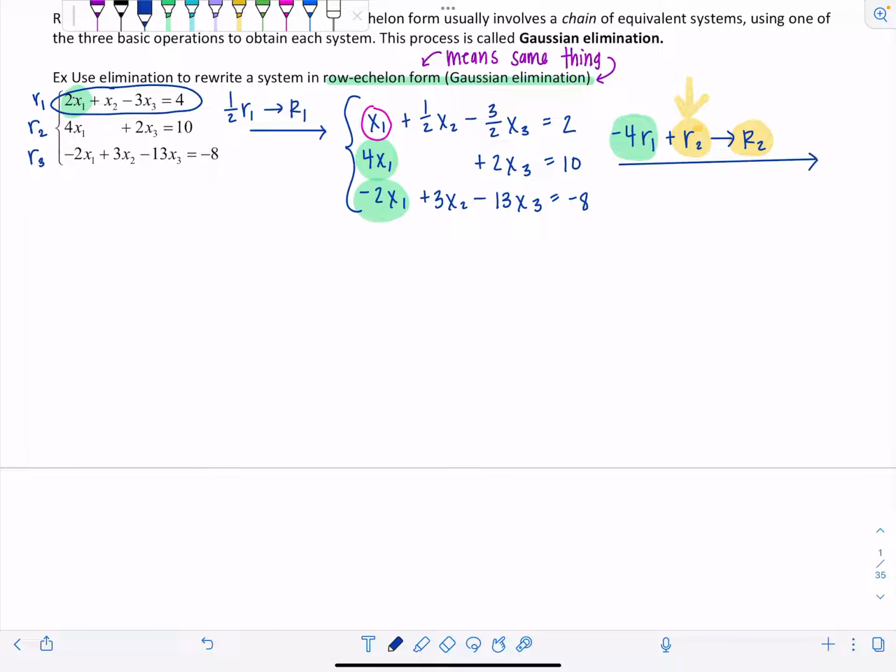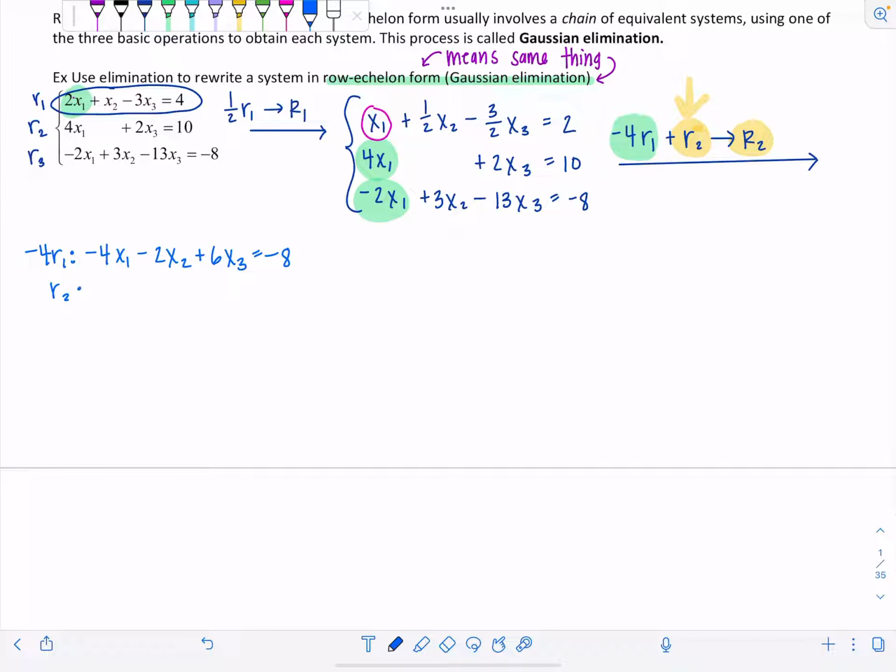Negative 4 times row 1. If you need to do some scratch work, that's totally fine, okay? So negative 4 times row 1, that would give me negative 4x1 minus 2x2 plus 6x3 equals negative 8.